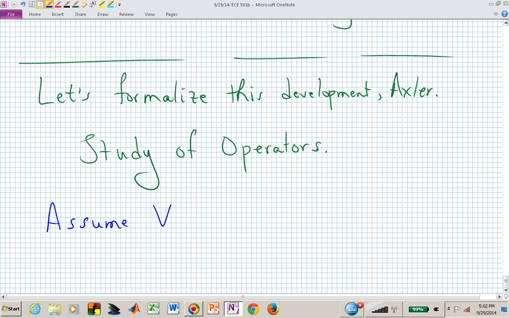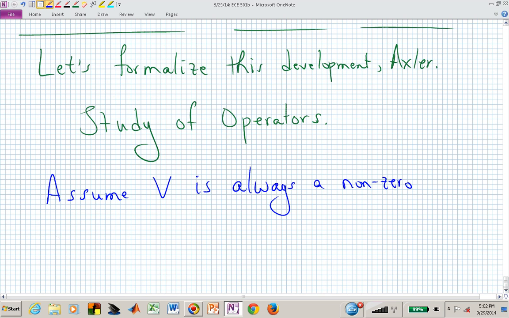We're now taking vectors from a vector space and transforming those with linear transformations, which are operators, so we come back into that same space. But now let's assume that V is always a non-zero finite dimensional vector space, FDVS, over F.